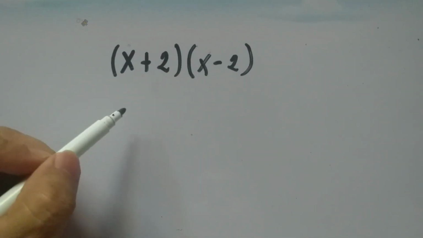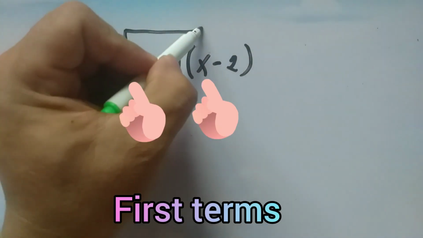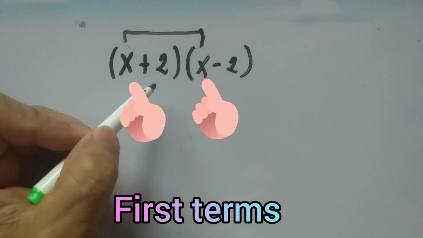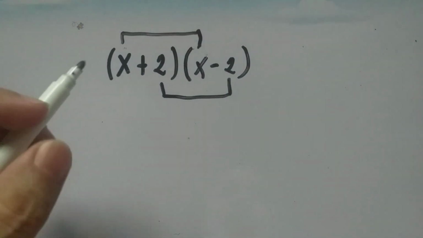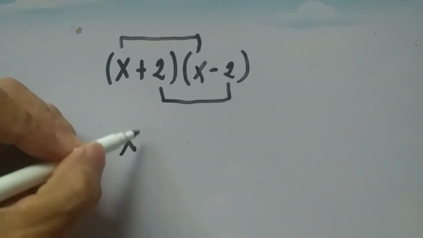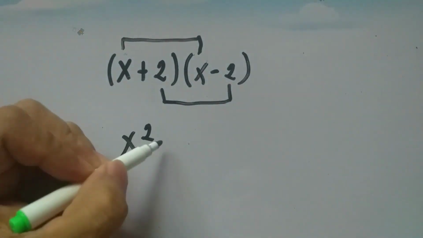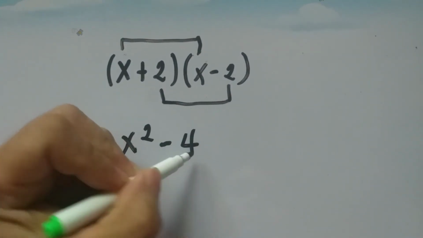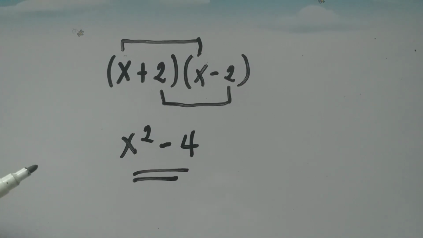So here, we're just going to get the product of the first terms and get the product of the second terms. So the product of the first terms is x squared, and the product of the second terms is negative 4. So the product is x squared minus 4.